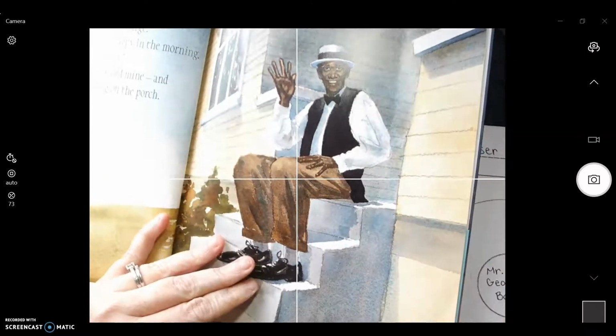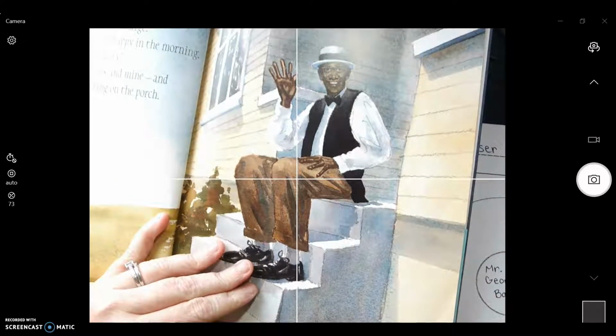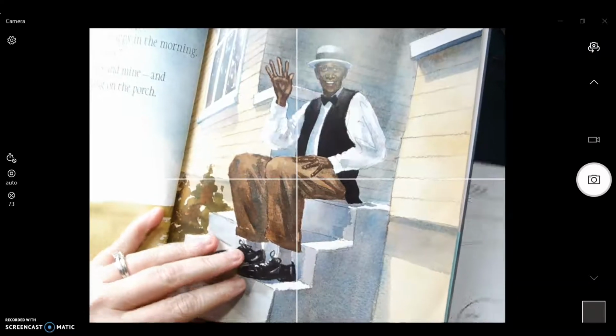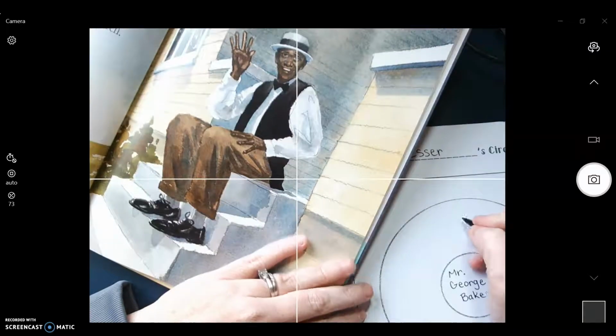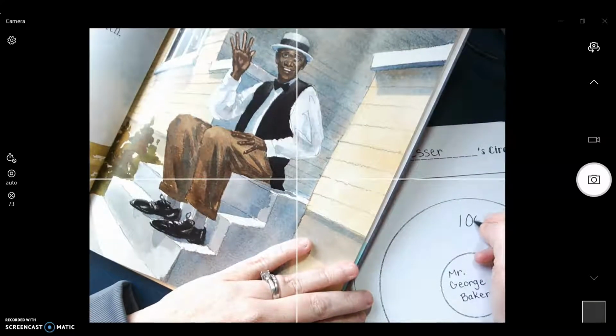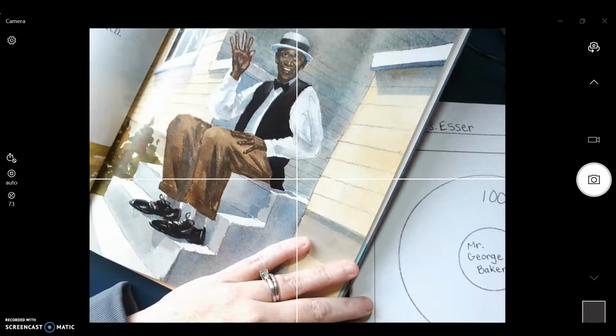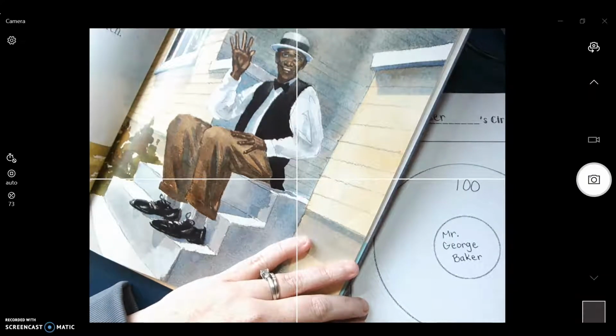So one thing I see right here about Mr. George Baker, I might on my paper, I think I might just write the number 100. And that just might remind me that Mr. George is pretty old. I think I also might draw a little smiley face because Mr. George looks like he's happy.